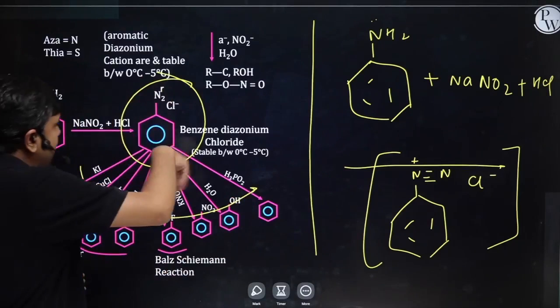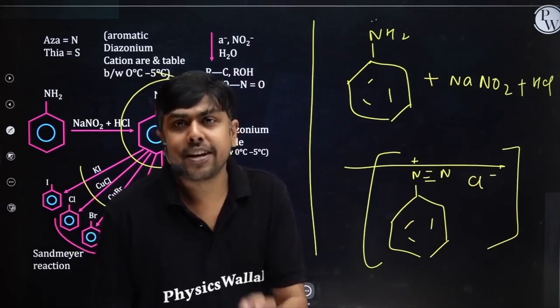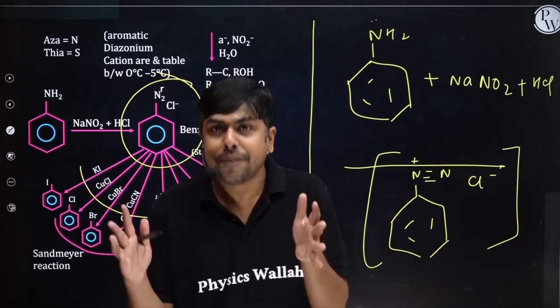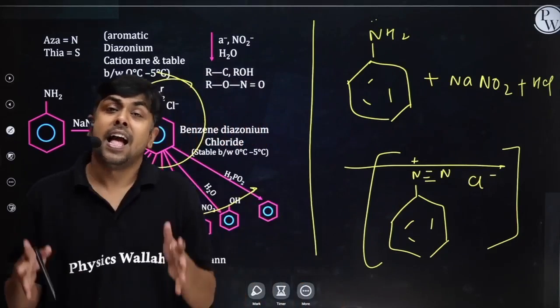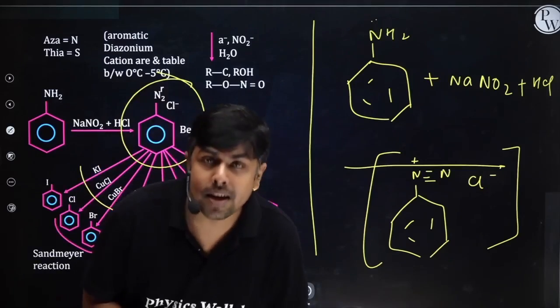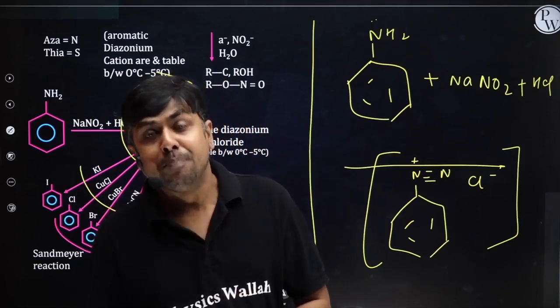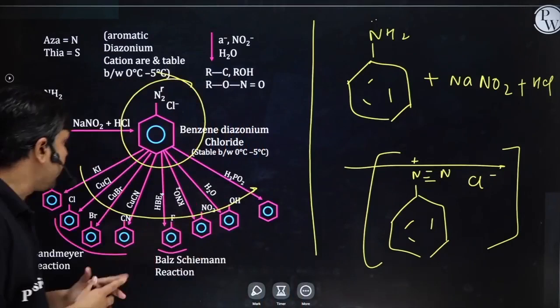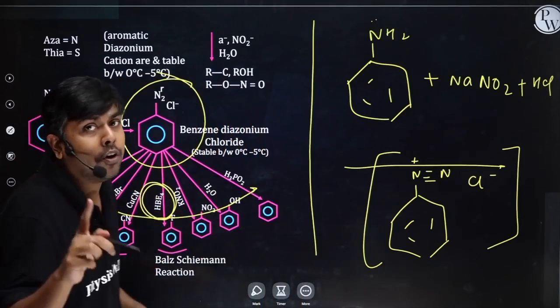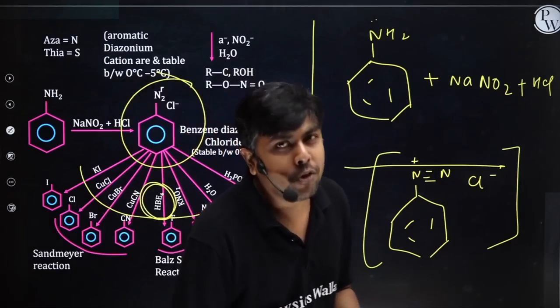If this benzene diazonium chloride is treated with KI, we will have the formation of iodobenzene. If it's treated with CuCl, I will have the formation of chlorobenzene. If it's treated with CuBr, I will have the formation of bromobenzene. If it's treated with HBF4, this reaction is important, I will have the formation of fluorobenzene.